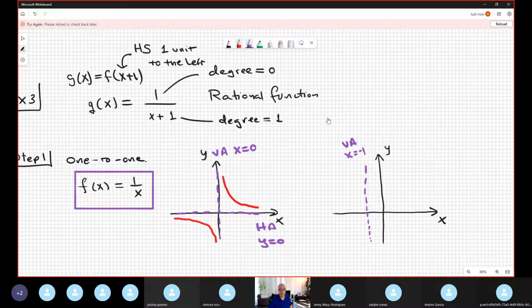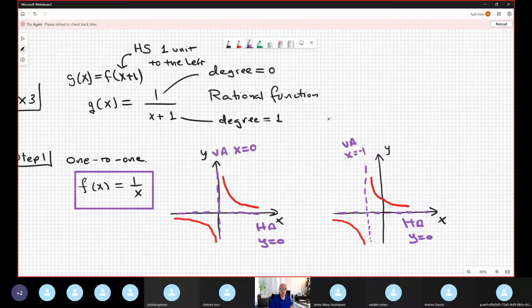The rest approximately stays the same. The numbers could change, but this is not important now. And the horizontal asymptote obviously stays the same, because the transformation we are doing moves the graph horizontally. Therefore, the horizontal line stays the same.